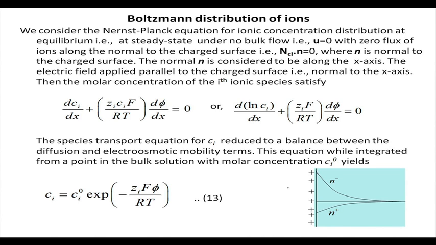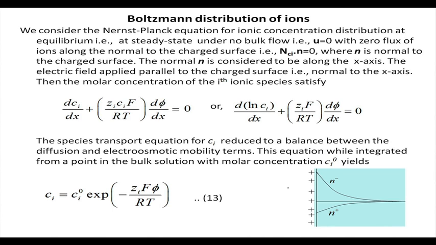So, what you have is ion flux normal to this is 0, and you have an electric field across this, parallel to the surface. So, in this case we can write the Nernst-Planck equation in a simplified form as this.